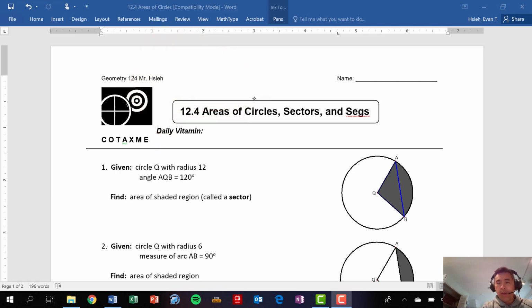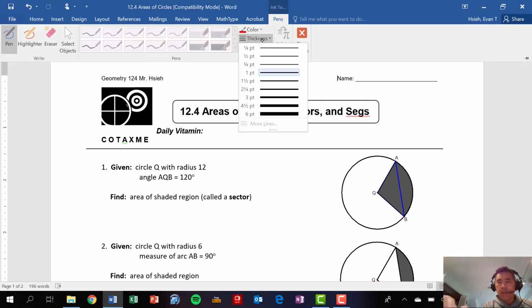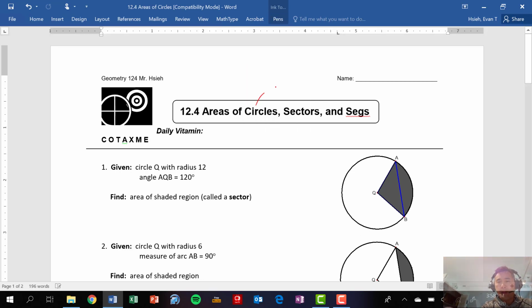Of course, the whole thing is predicated around this concept of the area of a circle. And of course that is just pi r squared. A sector is just part of that. It's the piece of the pie, or the piece of the circle.